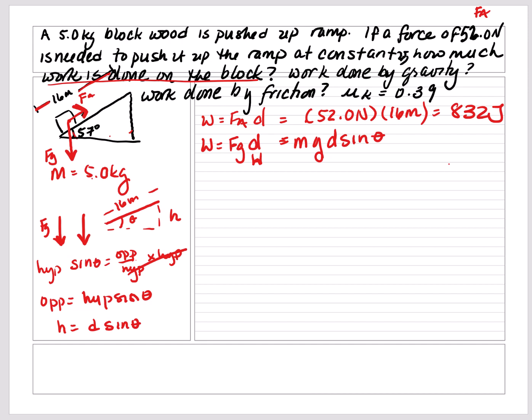I could also do this problem over again, resolving the weight component. If I resolve the weight component, I need to draw my normal perpendicular to the earth. I resolve that into Fx and Fy. So that means Fgx is opposite my theta. So that becomes Fg sine theta, and Fg we know is mg, so mg sine theta.